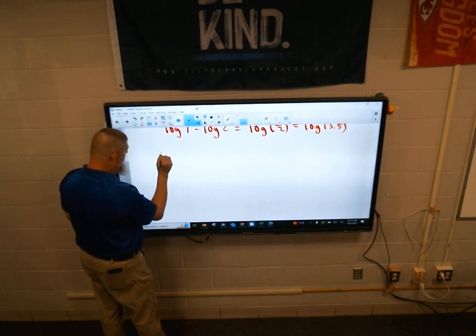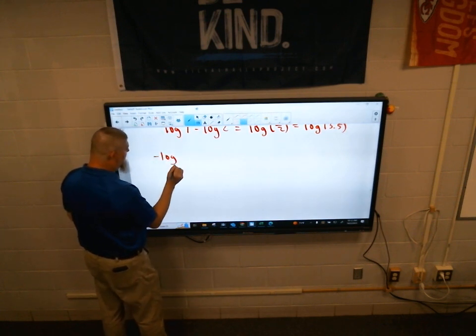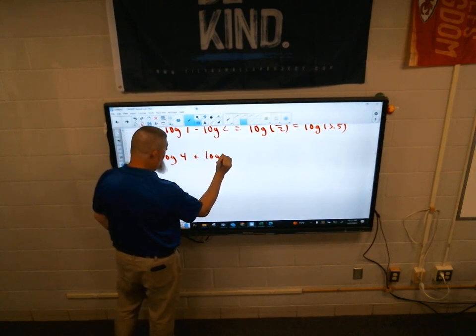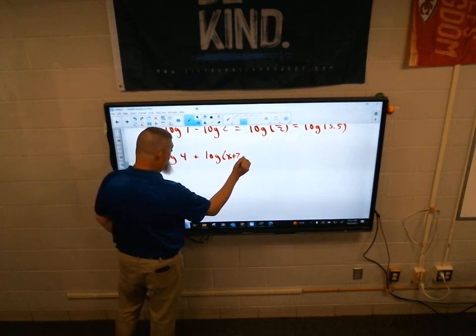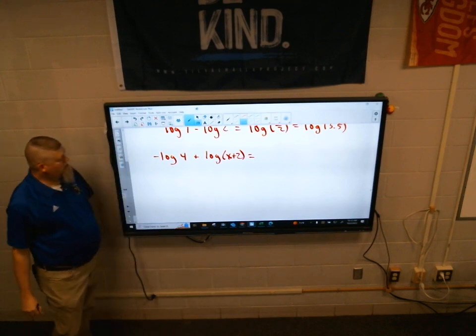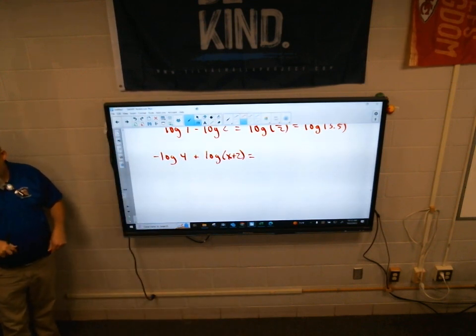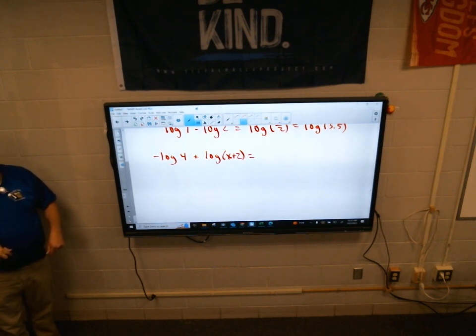Okay, so let's say we tell you the negative log of 4 plus the log of x plus 2. When I combine it, which one goes to the numerator? The second one, x plus 2, because it has plus in front of it.